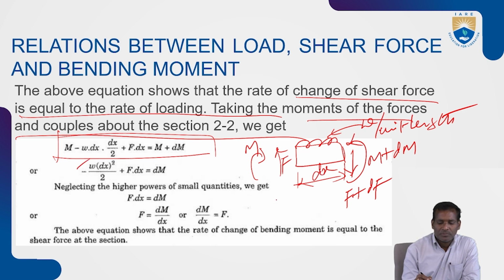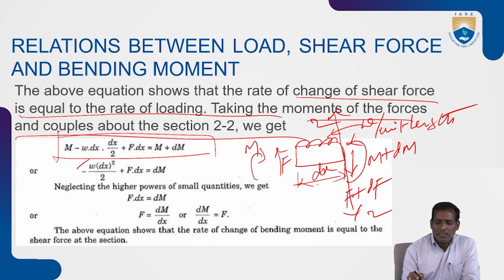by 2, taking it about the section 2, plus what are the forces acting here? F plus dF at the section 2, here force F plus dF, dx here dx by 2, plus F multiplied with dx.